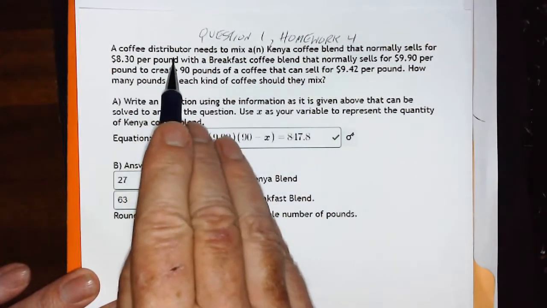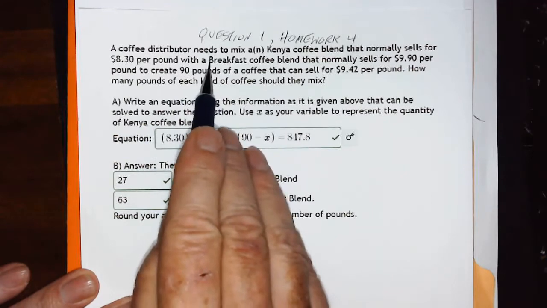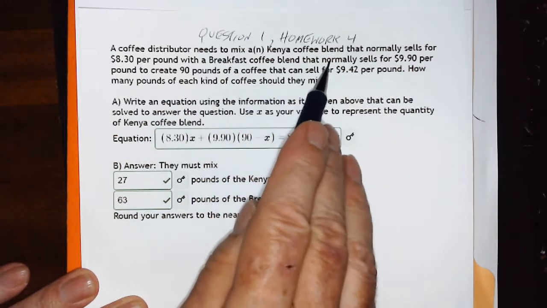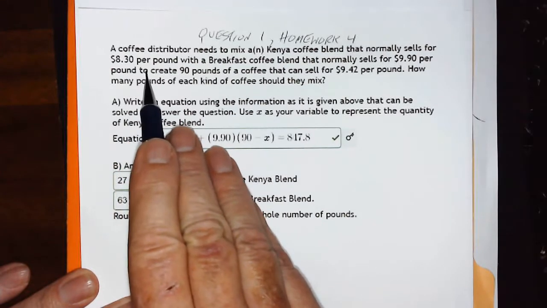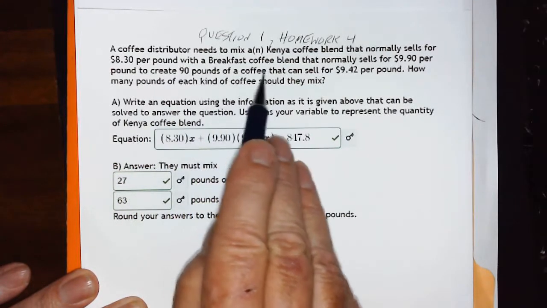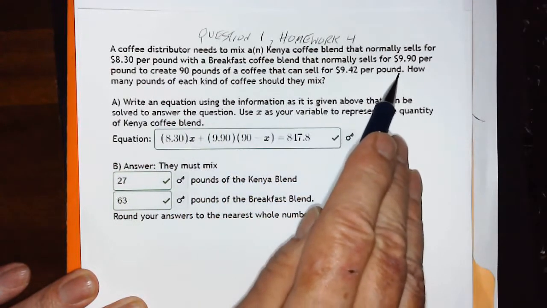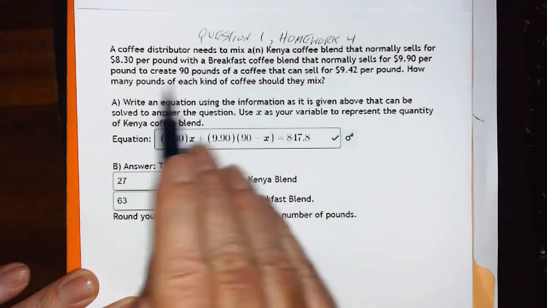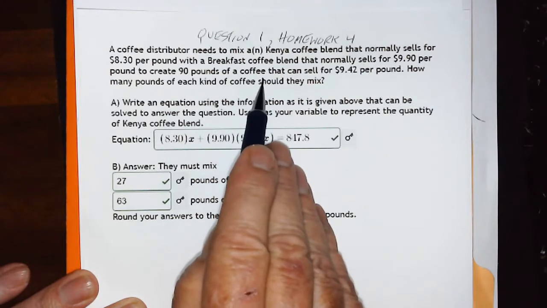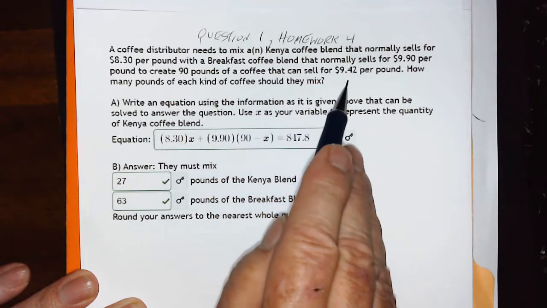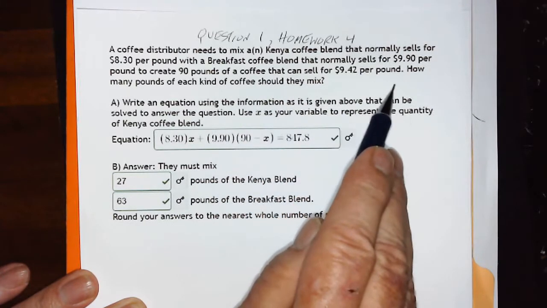A coffee distributor needs to mix a Kenya coffee blend that normally sells for $8.30 per pound with a breakfast coffee blend that normally sells for $9.90 per pound to create 90 pounds of a coffee that can sell for $9.42 per pound.